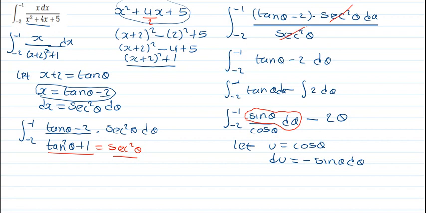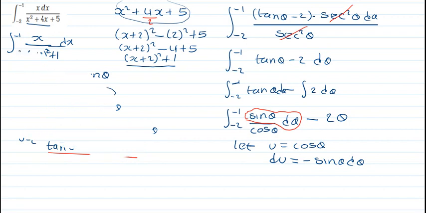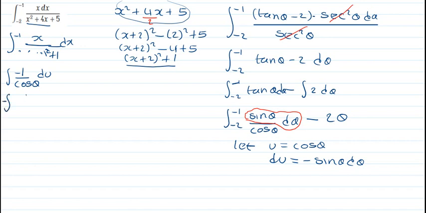So writing our expression, it gives us the integral of negative 1 over cos theta du. But since we said cos theta is equal to u, we can take the negative outside: 1 over u du, then minus 2 theta.